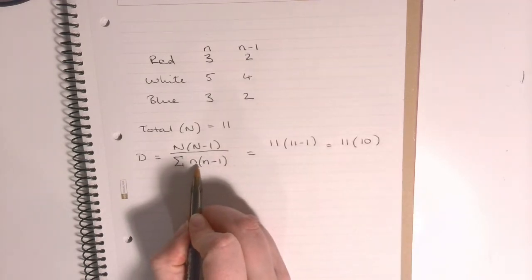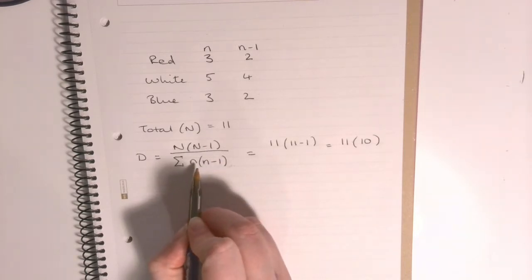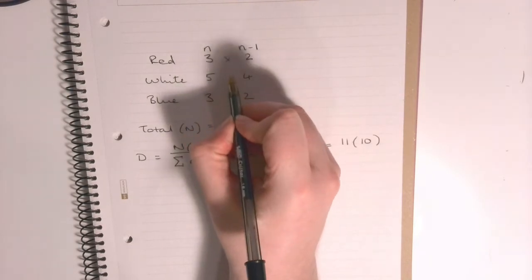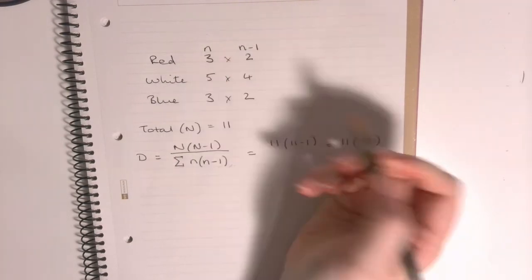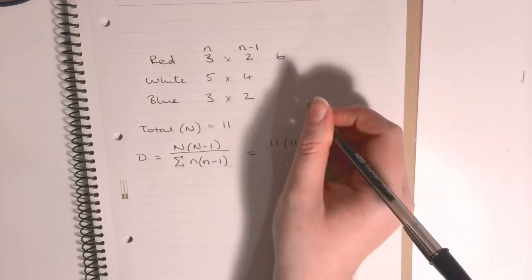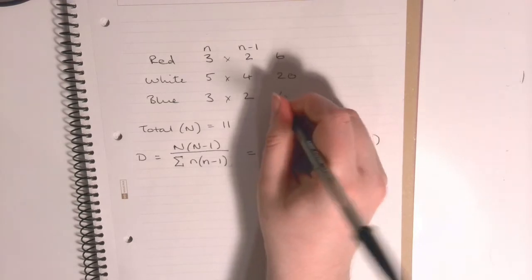And then we have to multiply them, because n outside the brackets means we multiply it by what's inside the brackets. So we do 3 times 2, 5 times 4, 3 times 2. So that's 6, 20, and 6 again.